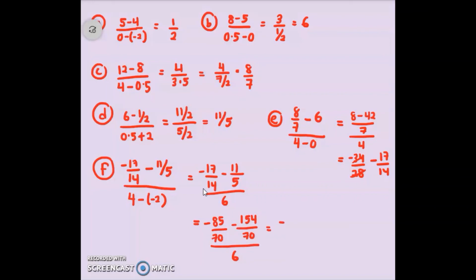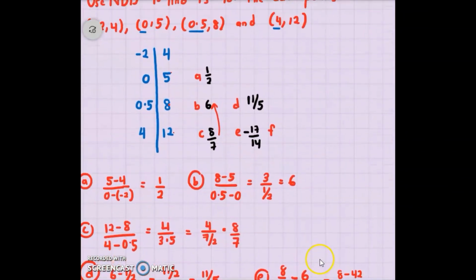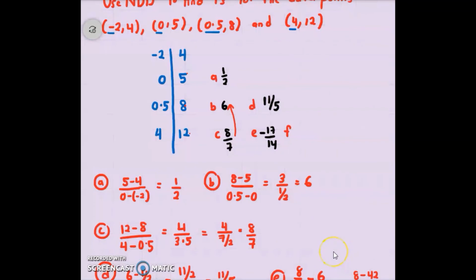So we will have negative 239 over 70 times 6, 420. There you go. We have obtained another value, which is the last diagonal, which is negative 239 over 420. Now all I need to do is to write the polynomial equation based on these values here.